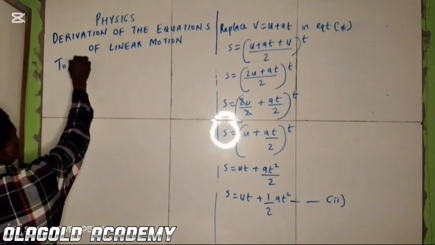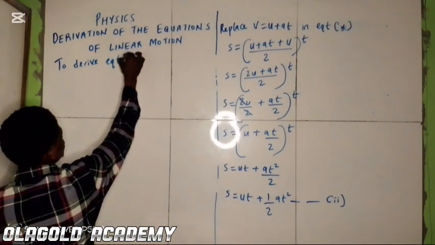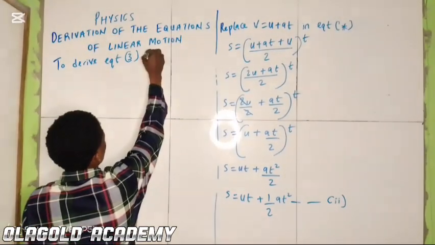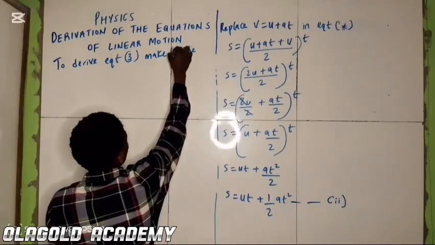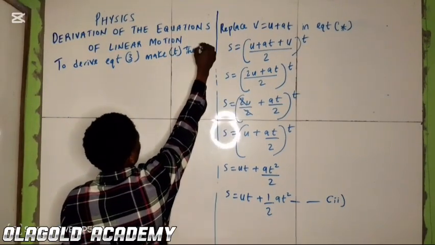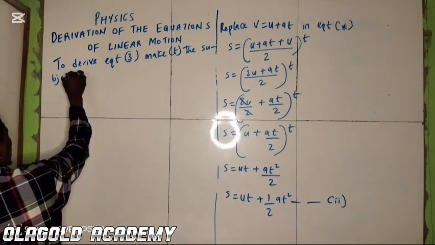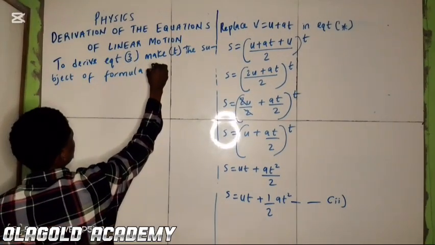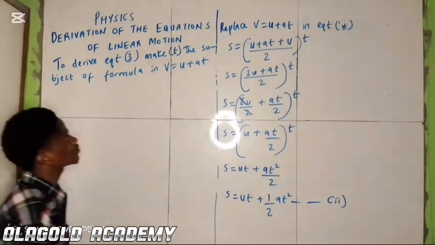Now, to derive equation 3, what do we do there? Make T the subject of formula in V equals U plus AT.